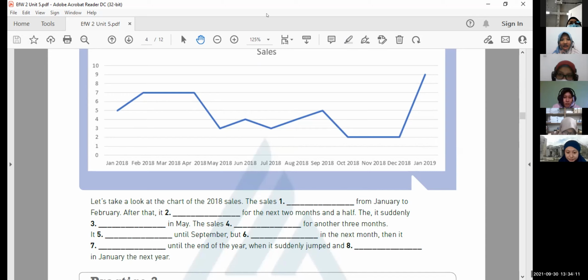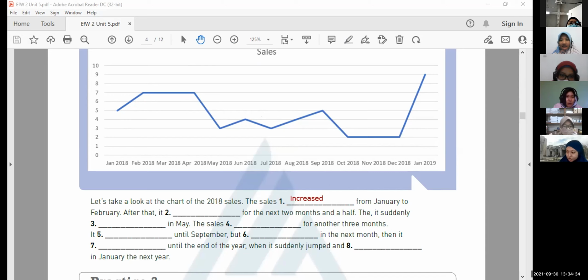According to the recording, what did she say? From January to February: increased. She said increased, but she used past tense, so like this, increased. Good. Thank you, Miss Shanas, Miss Fifi.